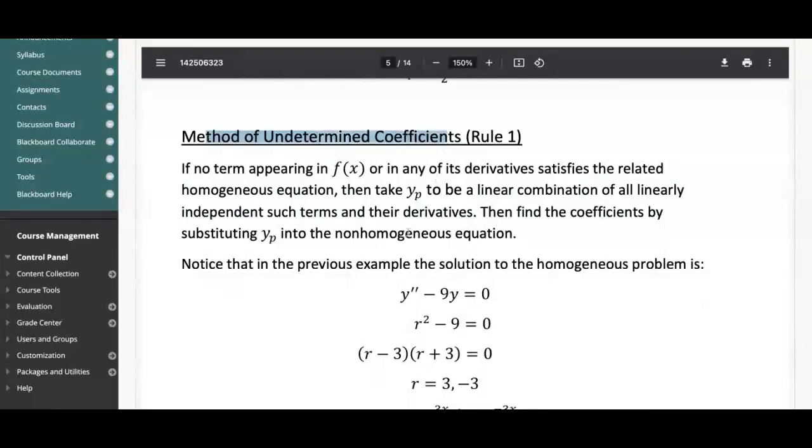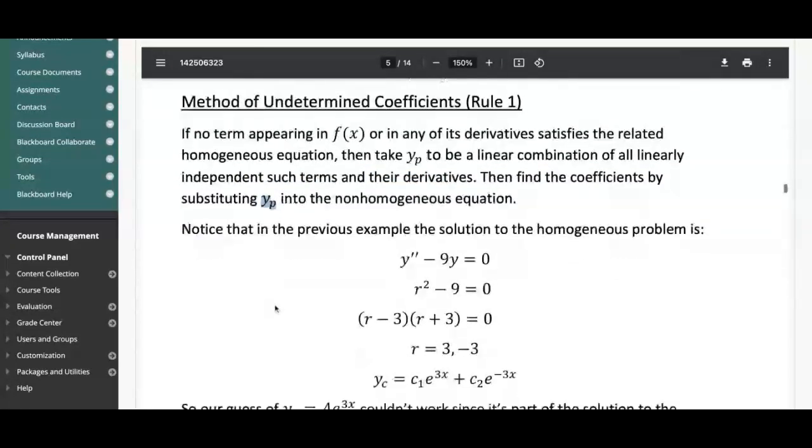So let's see. We have these two rules. If no term appearing in f of x or in any of its derivatives satisfies the related homogeneous equation, then take a particular solution to be a linear combination of all linearly independent such terms and their derivatives. Then find the coefficients by substituting the particular solution into the non-homogeneous equation.